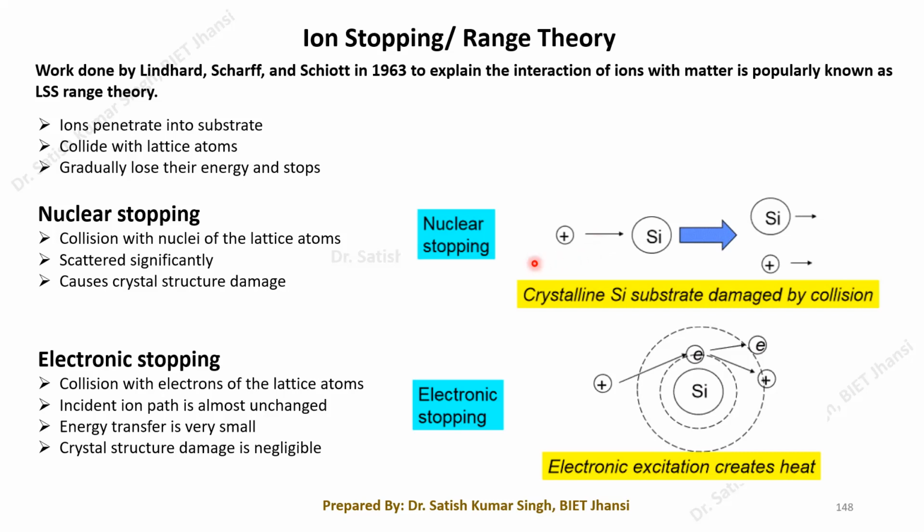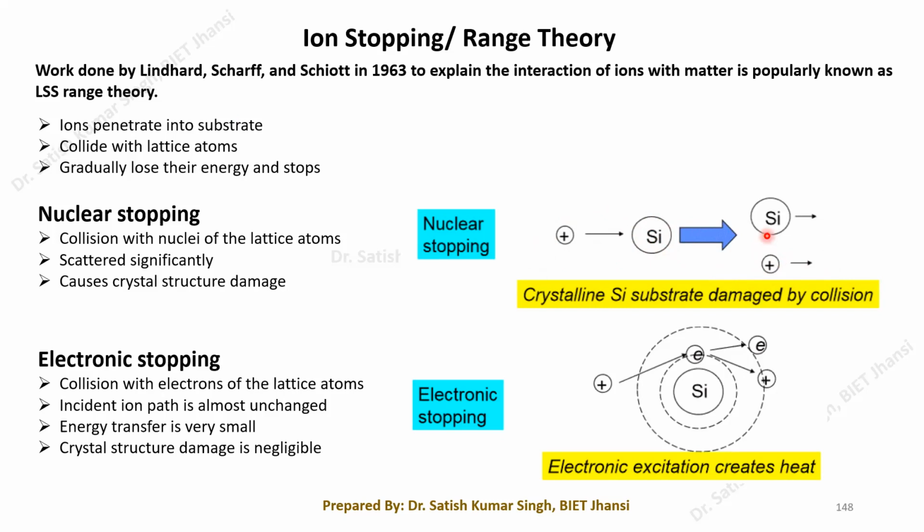So it is going to collide with the atoms, and after the collision with the nucleus of the atoms, the path of the ion is going to be deflected. It will travel in a different direction, and a certain energy will be transferred to the crystal lattice or to the atom.